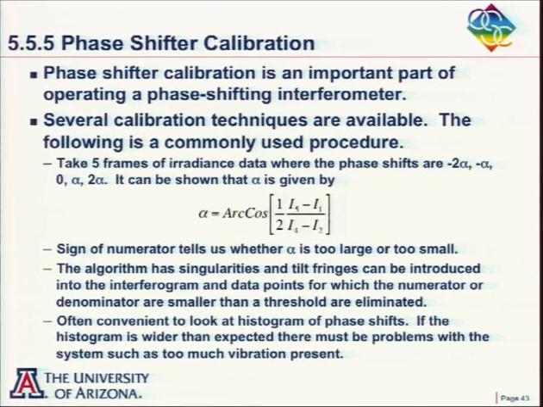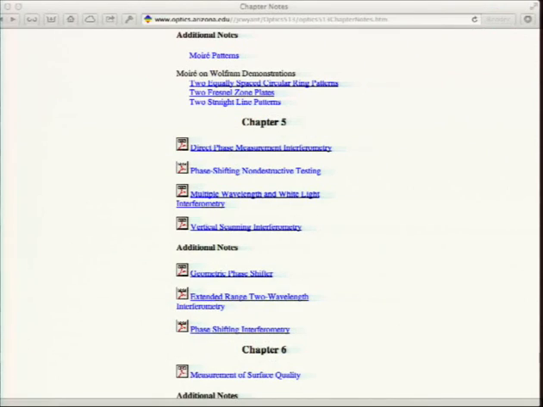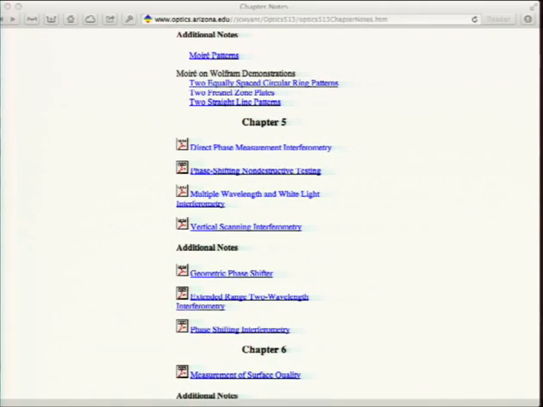Now, I don't have the derivation of this in the PowerPoint presentation here, but it is up on the web, and I wanted to go to it. These are our notes on the web, and what I was just showing is this presentation here.